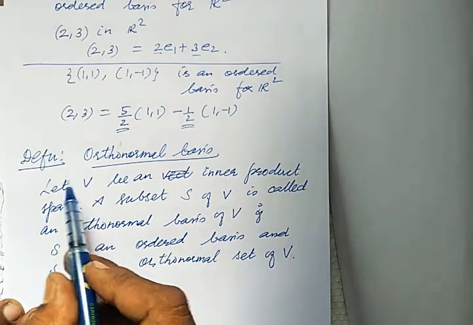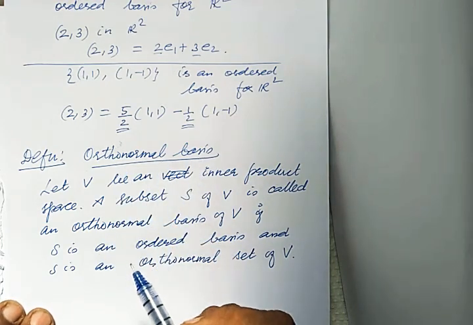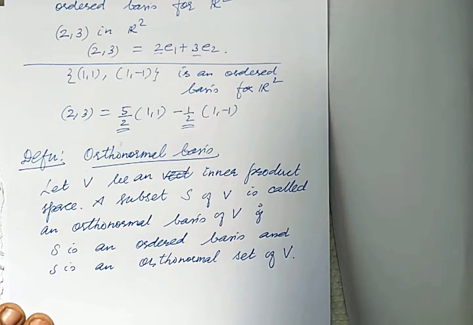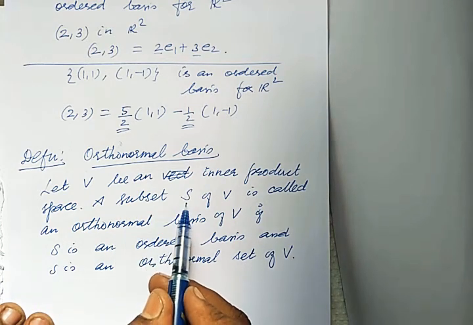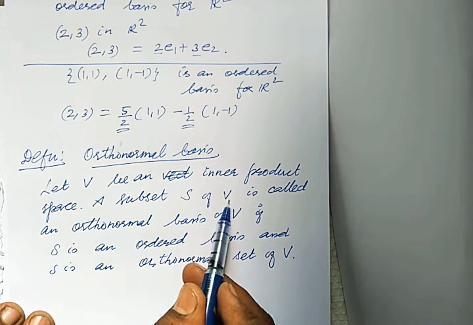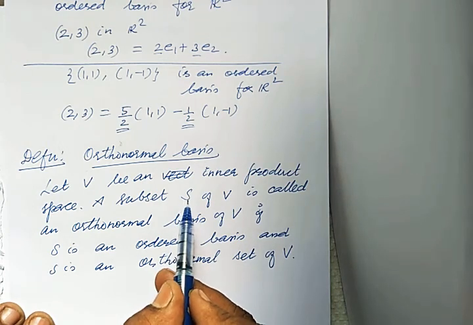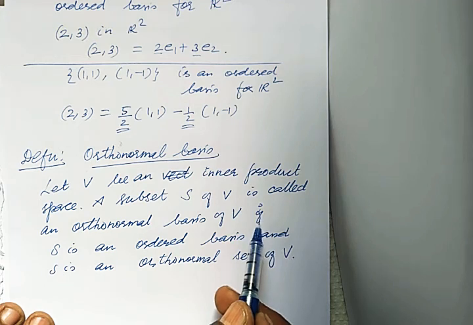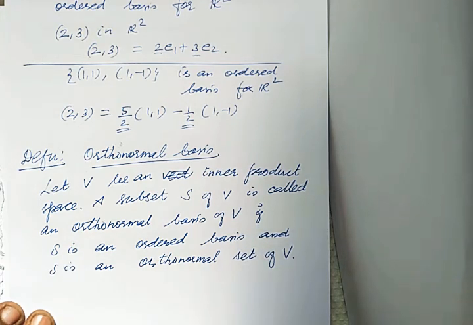Dear students, the definition of orthonormal basis. Let V be an inner product space, and S a subset of this vector space V. This is called an orthonormal basis of V if these two conditions are satisfied.